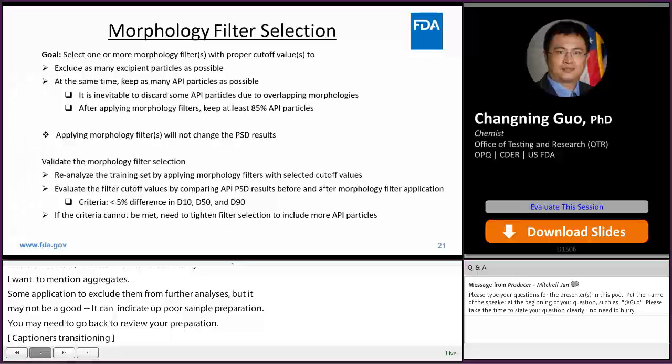We can reanalyze the training set by applying morphology filters with different cutoff values and evaluate the PSD result before and after filter applications. The criteria here is to make sure D10, D50, and D90 have less than 5% difference after filter application. If the criteria cannot be met, the filter needs to be tightened to include more API particles.